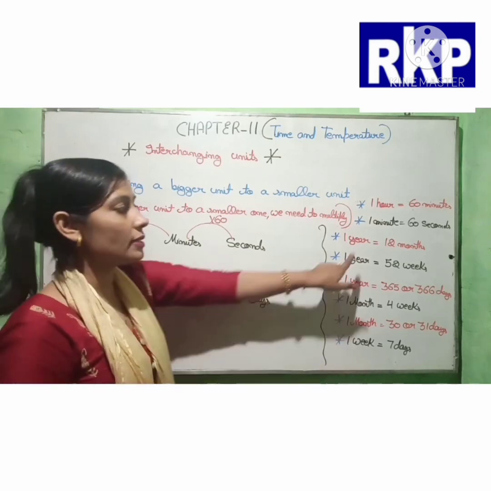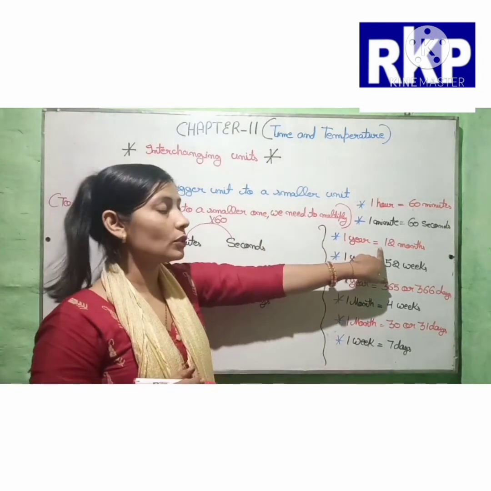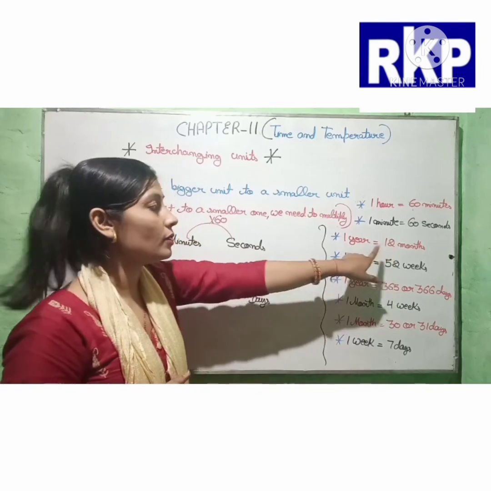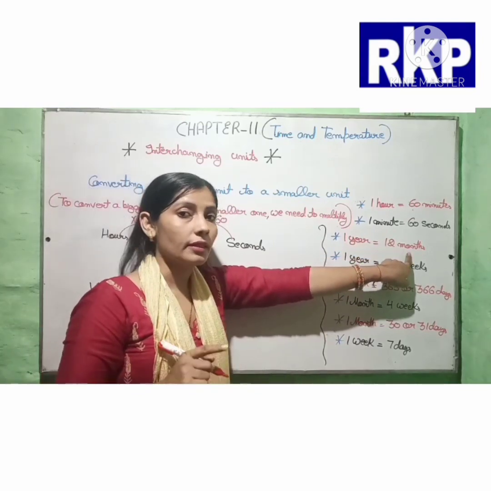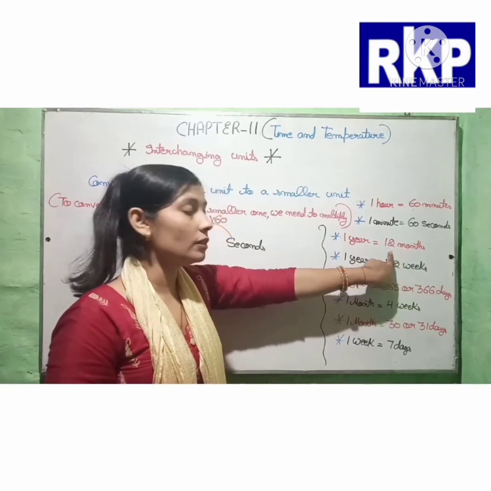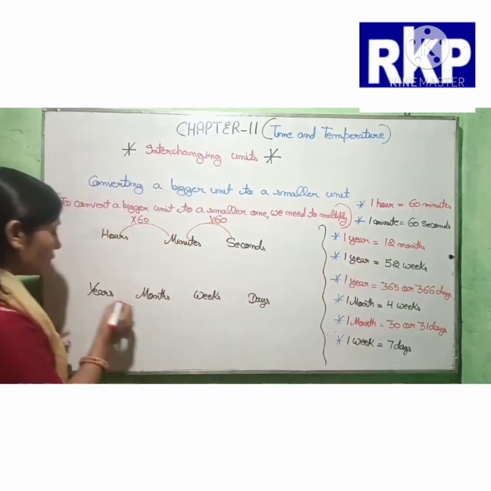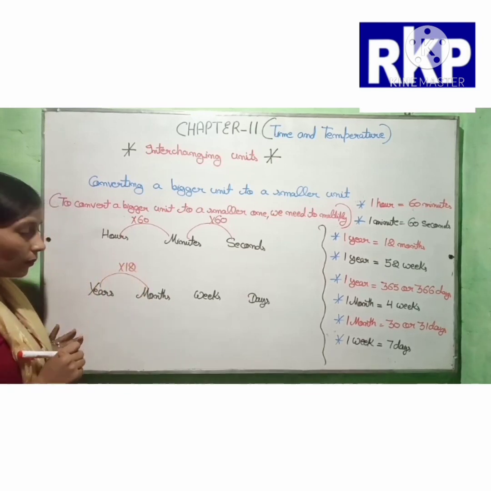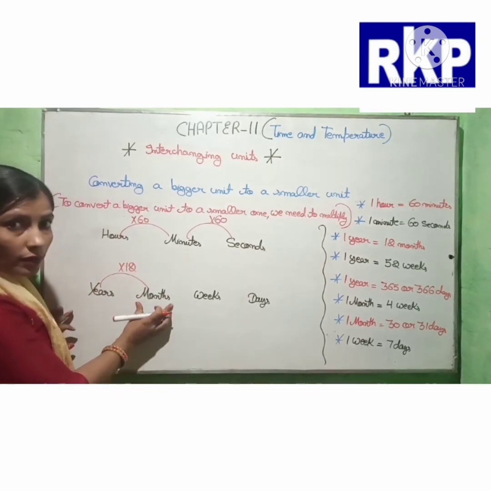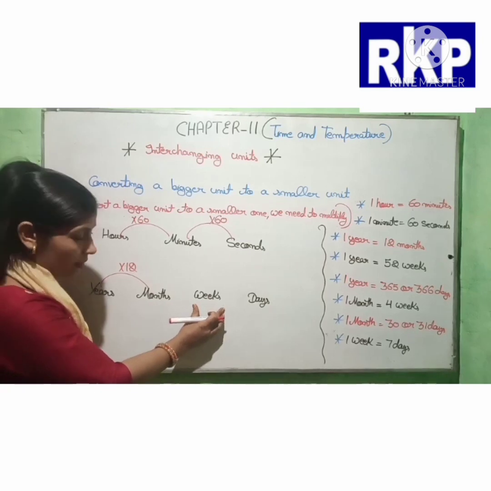Yes, here you can see 1 year is equal to 12 months. Okay, so when we convert year into months, then we need to multiply with 12. Okay, so here we need to multiply with 12, and here we have month, and here weeks.